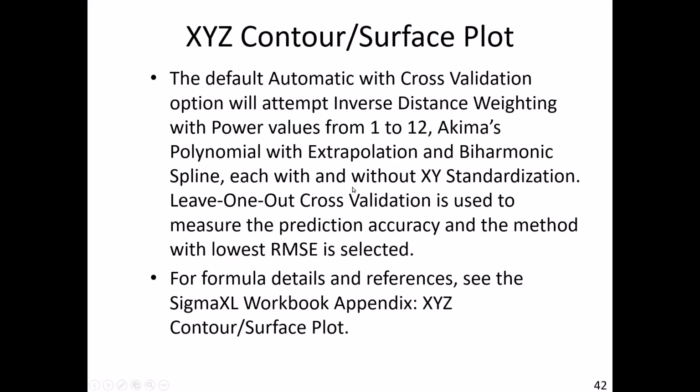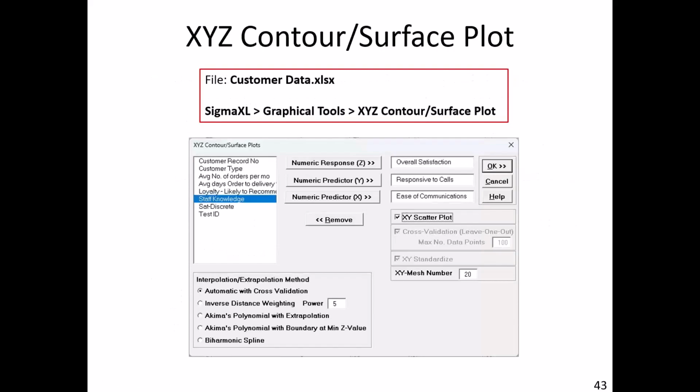For each of these, it will use a with and without XY standardization. And then the method that produces the lowest RMSE, lowest root mean square error, is the method that is used. All right, so it's pretty sophisticated. And with that, without further ado, let's demo that.